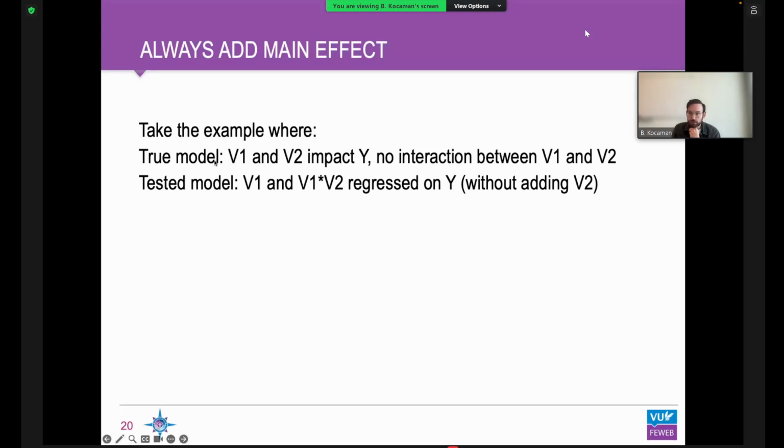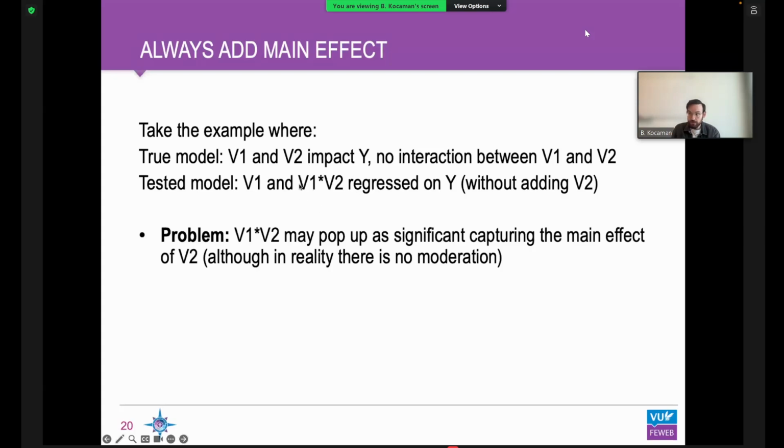If you test this hypothesis with your data and you just include variable 1 and variable 1 times variable 2, and not the main effect of variable 2, the coefficient related to this term might just capture the effect of V2 only. Because this is just the multiplication of two variables. This is why we always also add the main effects, to tease out the moderation effects on their own.